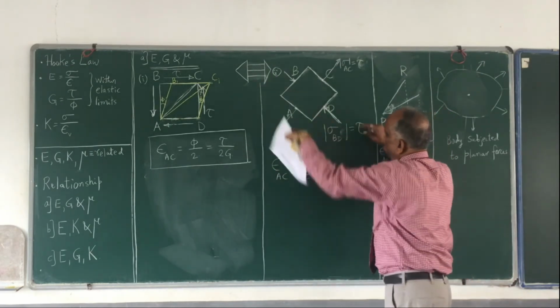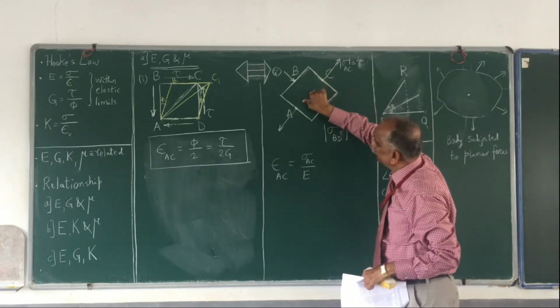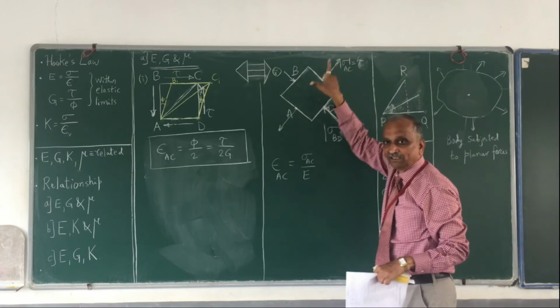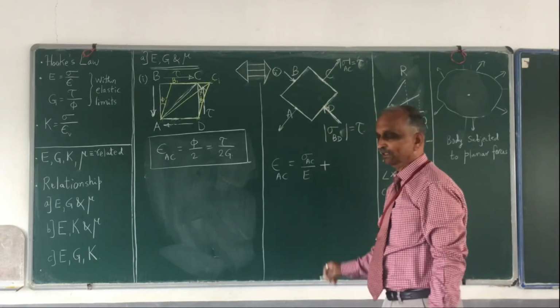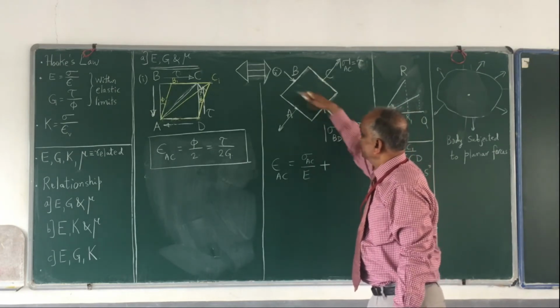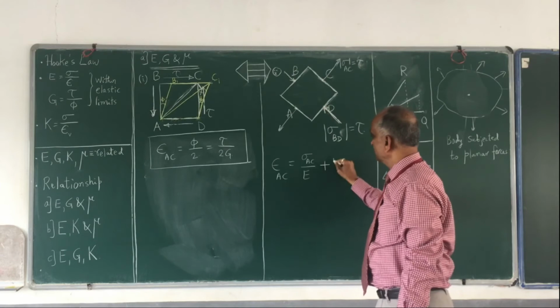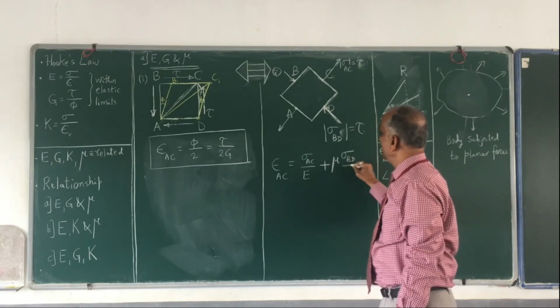In this direction it is being compressed, and therefore in this direction it is being enhanced. Therefore it is plus. Plus what? What is this strain with respect to this? That is lateral. That is nothing but mu into sigma BD divided by E.